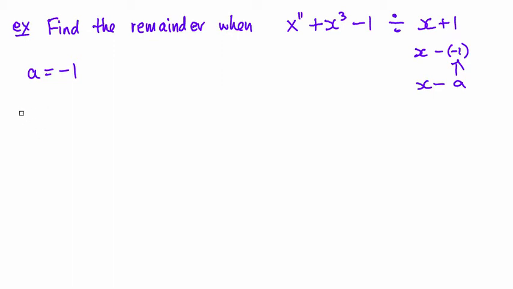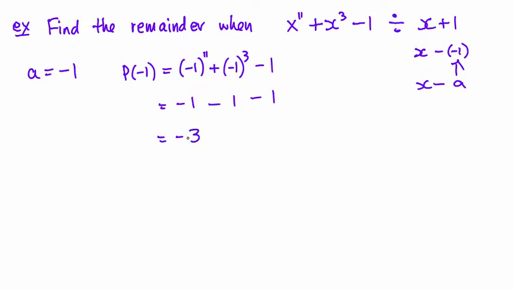But the quicker way would be just to say, okay, my polynomial function evaluated at minus 1 is minus 1 to the 11th plus minus 1 cubed minus 1. Minus 1 to the 11th, it's an odd power, and another odd power, and so my answer is negative 3. And again, way faster than doing synthetic division when all you want to do is find the remainder.